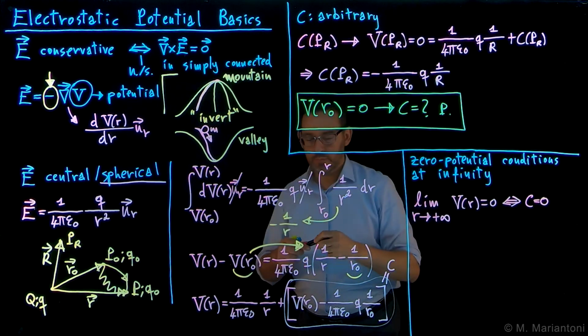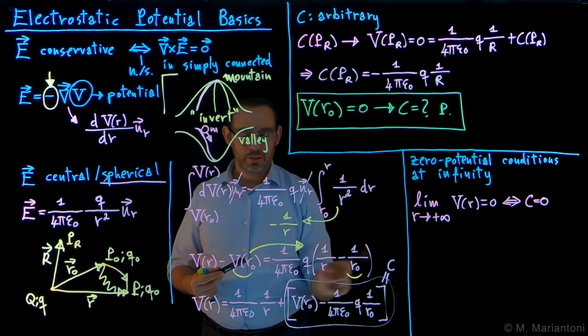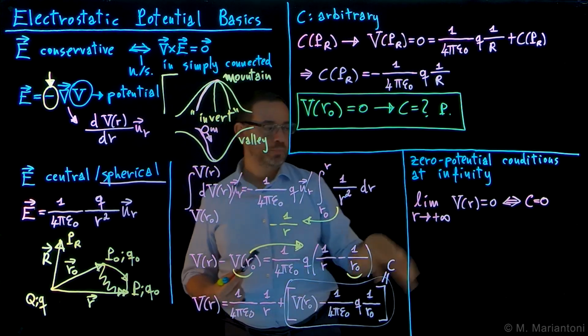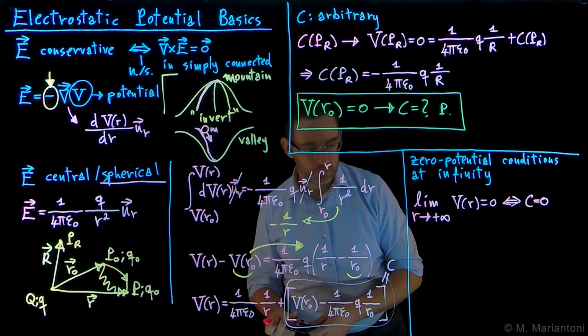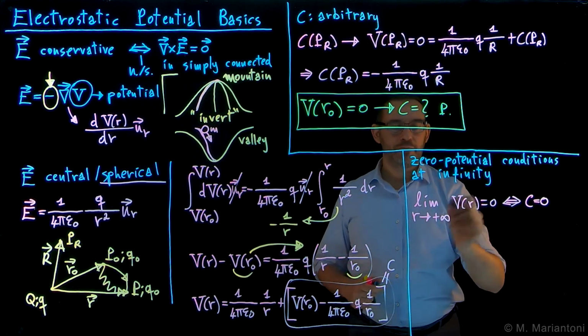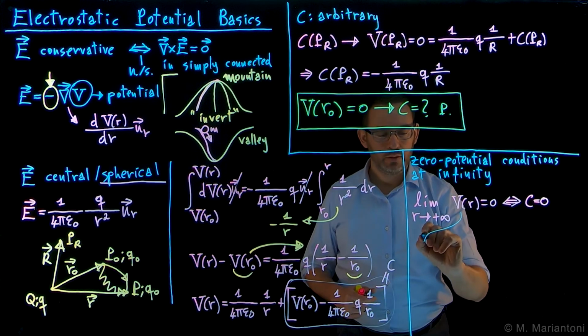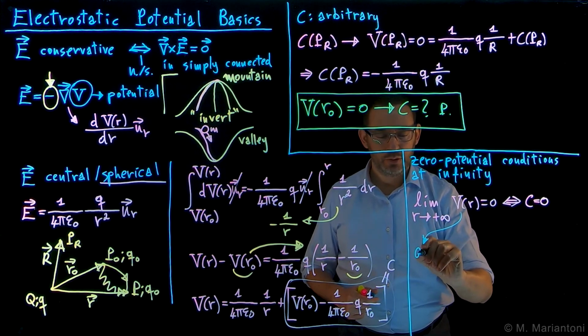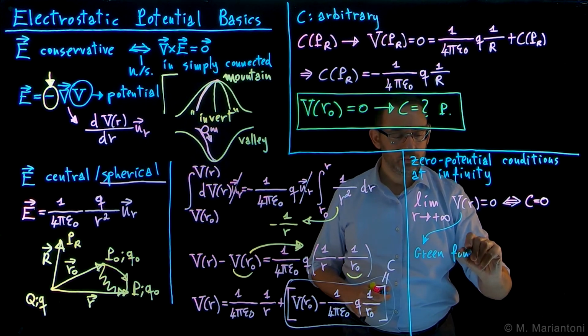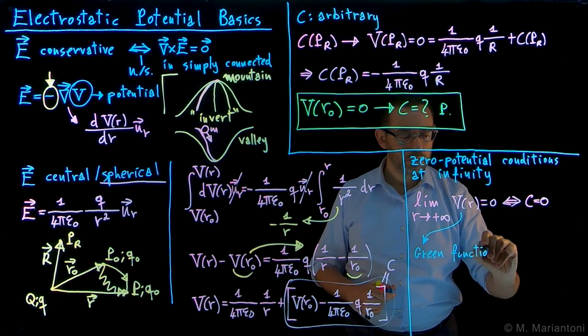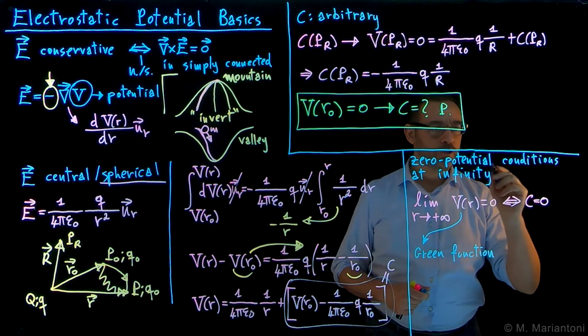When C is equal to 0, you can see from here, this quantity is 0, 1 over infinity gives me 0. This function is called a Green function. In this case, V is defined as a Green function for normal conditions at infinity.